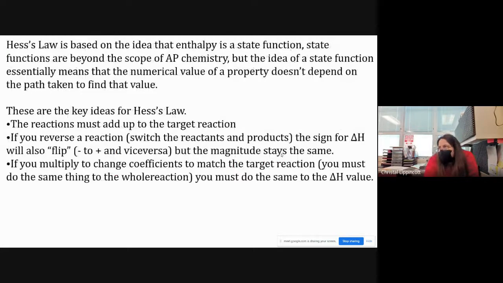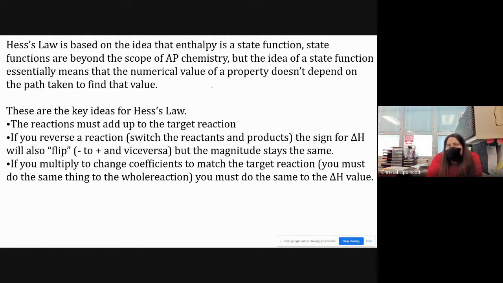So Hess's law is based on the idea that enthalpy is a state function, which is beyond the scope of this, but the idea is essentially that the numerical value of the property doesn't depend on the path that you take.